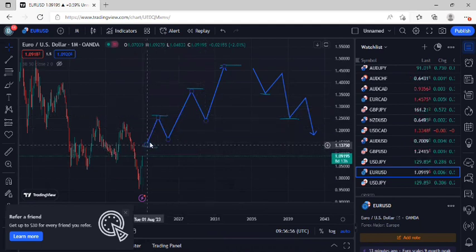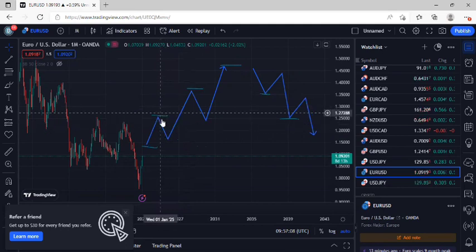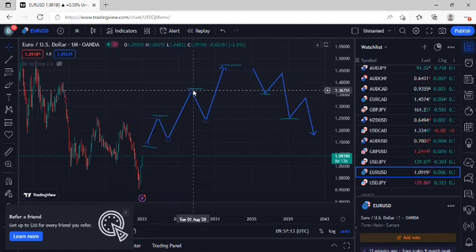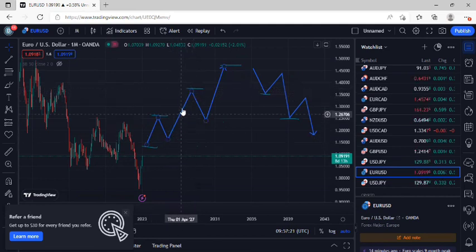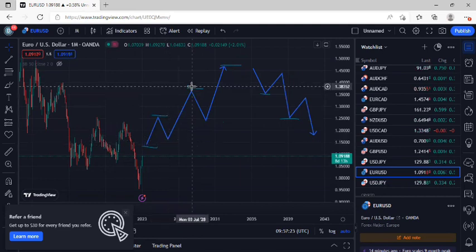When the price breaks the previous structure, as we have it here, this is a structure, a resistance. The moment the price breaks this resistance, then we say we have a higher high, and that gives us an uptrend.